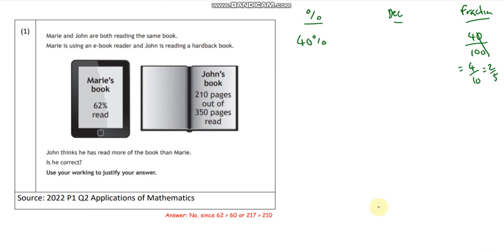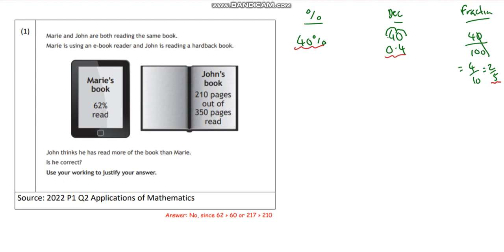So 40% is the same as 2/5. And as a decimal, well, think about it. 40 divided by 100, all I do is move the decimal 2 places, so it's 0.4. Okay, so all those things mean the same thing.